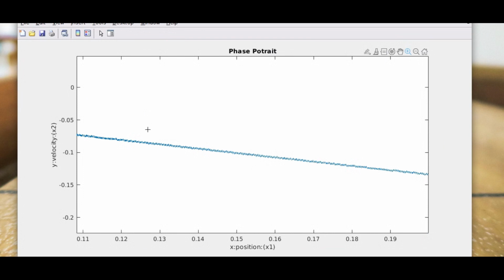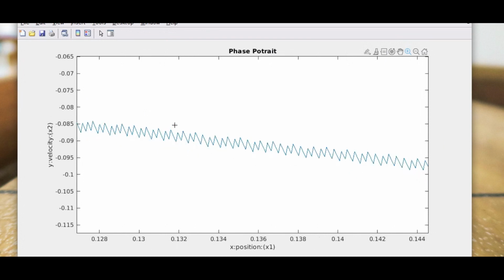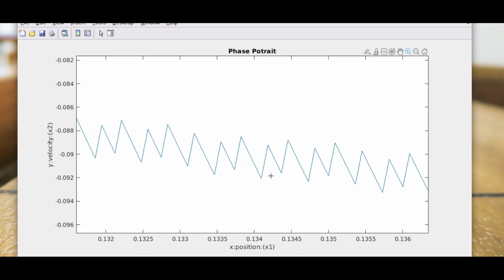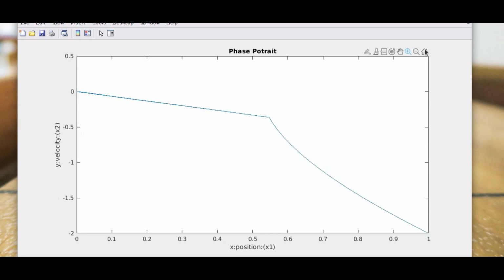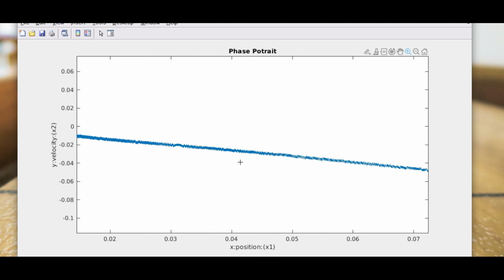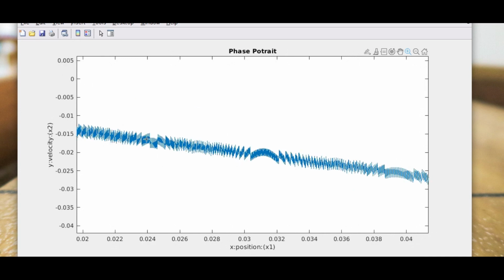Ultimately the position and velocity also go to 0. If you zoom in on this plot, you can see the velocity oscillating with high frequency, which is expected as we discussed previously. But remember one thing, this is with respect to position. That's it for this video. In the next video, we will name a few things.